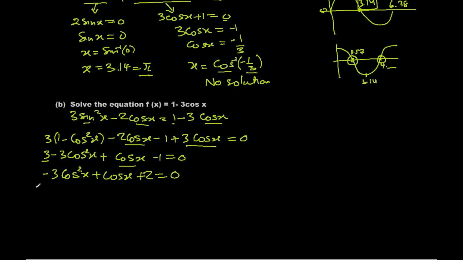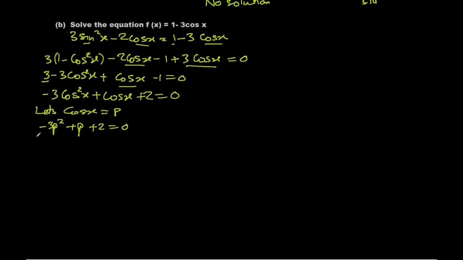For that, let's assume cos x is equal to some alphabet, say p. So minus 3p square plus p plus 2 equal to 0, and I will factor it as usual. I have done it in previous questions, but in this video I will factor this.